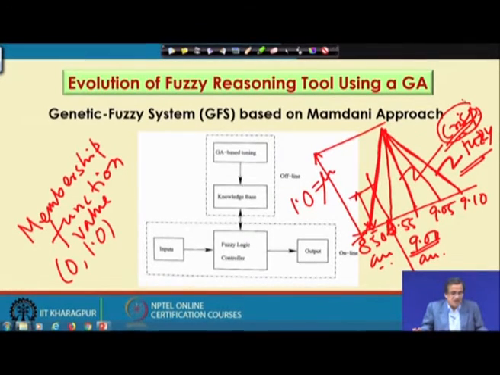Before I start with the principle of the fuzzy reasoning tool, let me take another example, about the utility of the fuzzy set.